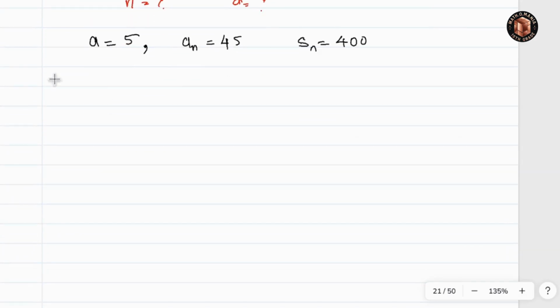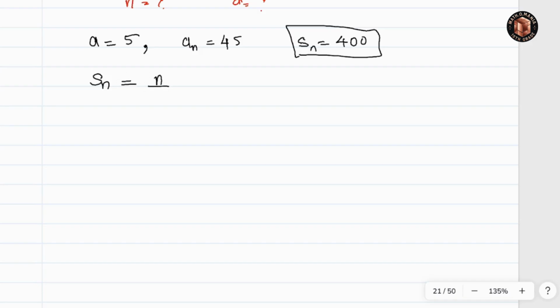Therefore, what we need to do? We need to take our equation Sn, because here they have given the value Sn. So we can directly use the equation Sn, and from there we can find the value for either n or d. As per the given condition, we will substitute the values into the equation and try to find the unknown values from there. Sn equal to what?